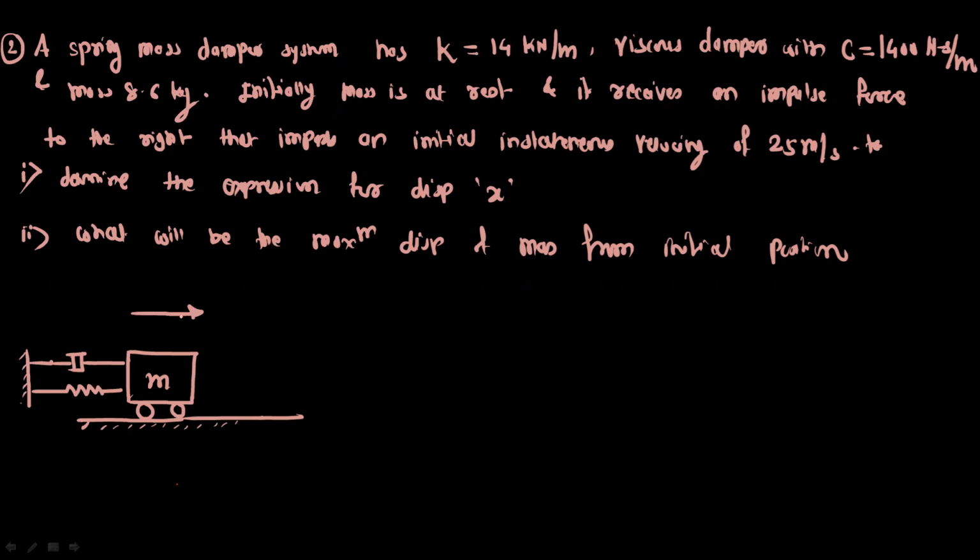So this mass will oscillate in this direction. And this is the equilibrium position. Okay. So initially mass is at the equilibrium position and the rest condition. So the initial condition is when t is 0, x is equal to 0.